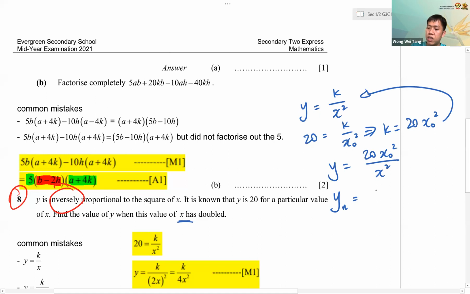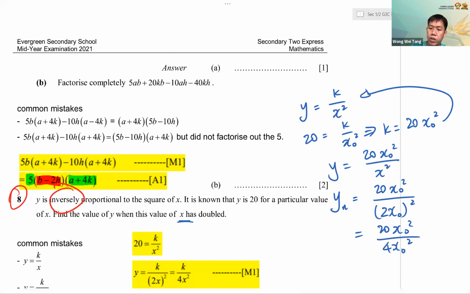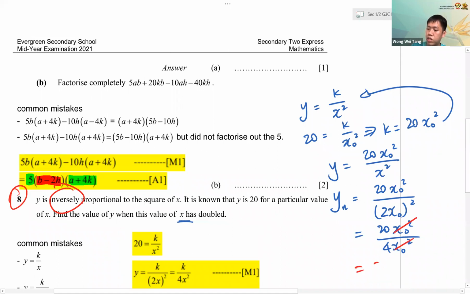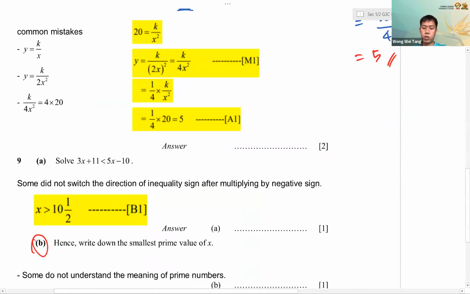New y is 20 x naught squared over, we are going to double the old x, and I'm going to square this, so we end up with 20 x naught squared over 4 x naught squared. And now we cancel. Final answer, 5. Okay, so next one.